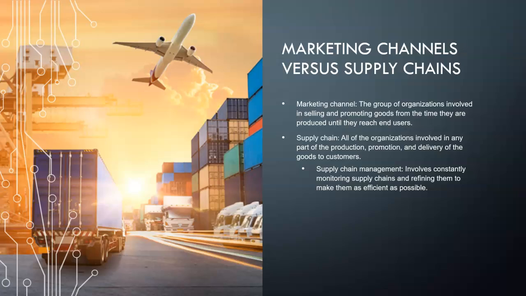But just think of the marketing channel as they sell and promote the goods. Those organizations are there to sell and promote it. Supply chains could be the warehouse that produces your product. They pretty much work in the entire marketing process, right?